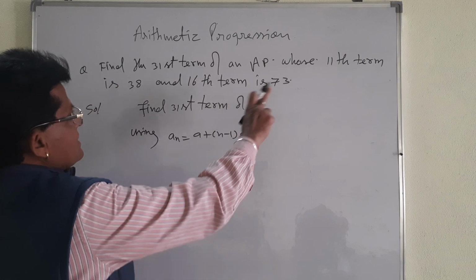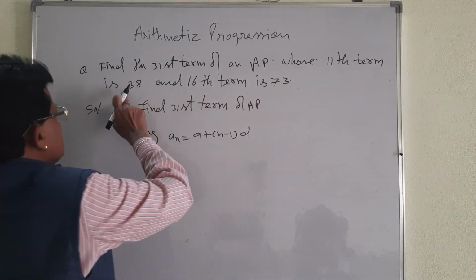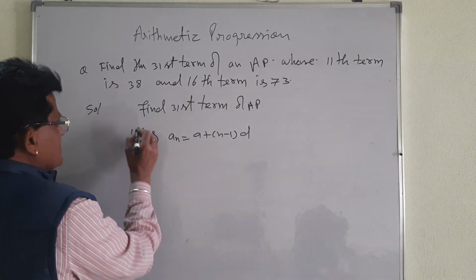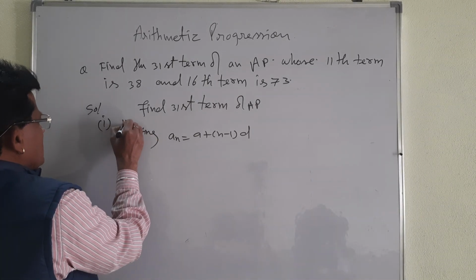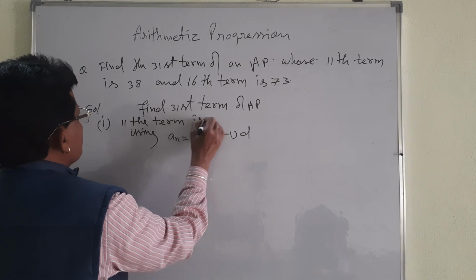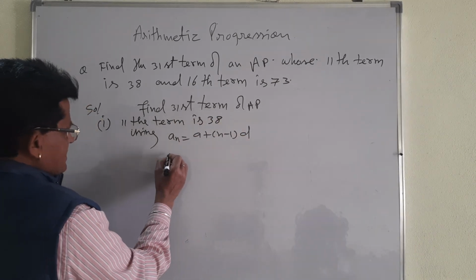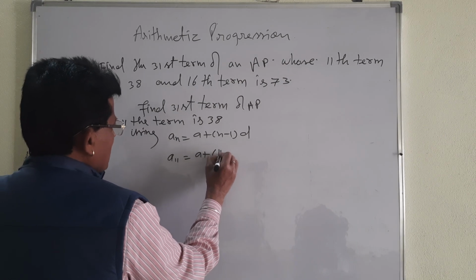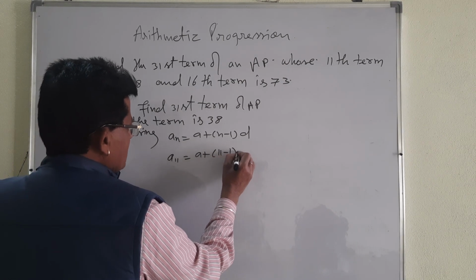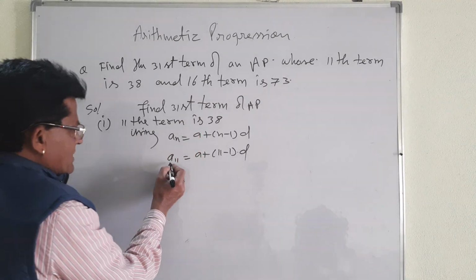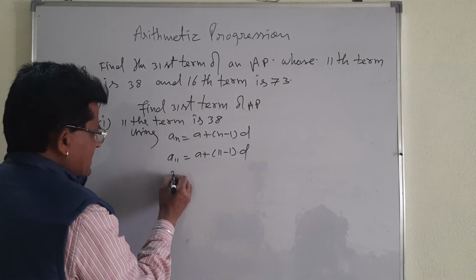But before that, see the 11th term. For the first case, the 11th term is 38. A11 is equal to A plus, in place of n you write 11, into D. In place of A11 you write 38.